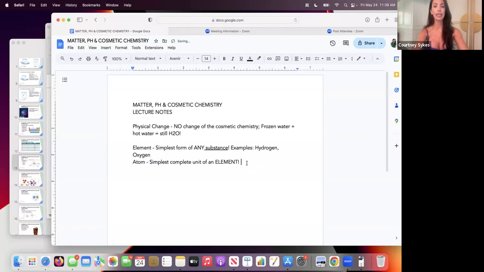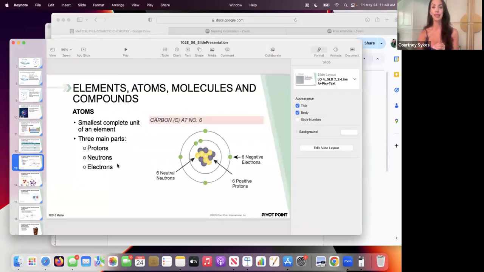And your example would be H2O, right? You've got two atoms of hydrogen, one atom of oxygen in this example. So just please remember these. We will bullet point these here, make those a little more bold. I might underline them here so you have it. But elements and atoms, that'll be a separate question in your state board exam. I want to make sure you do understand those, okay?